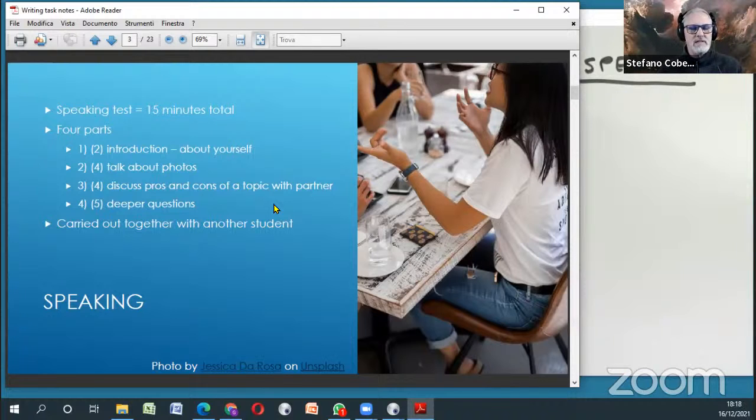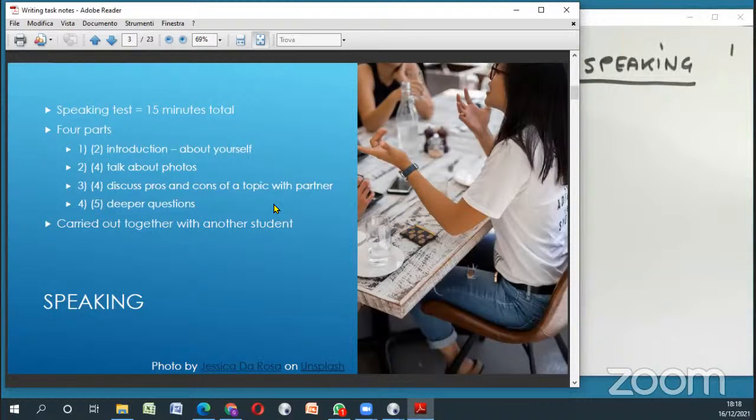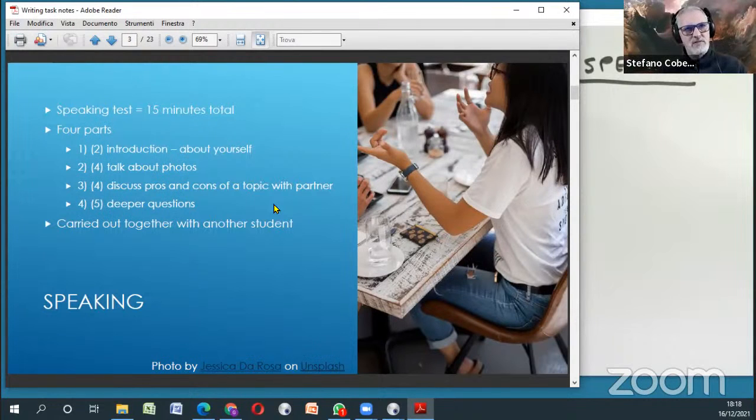In the third part, you will be given a topic question and a scheme, and the scheme contains headings which you are supposed to use as the basis for a conversation with your partner.